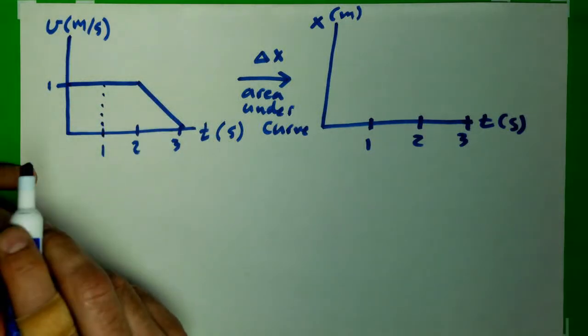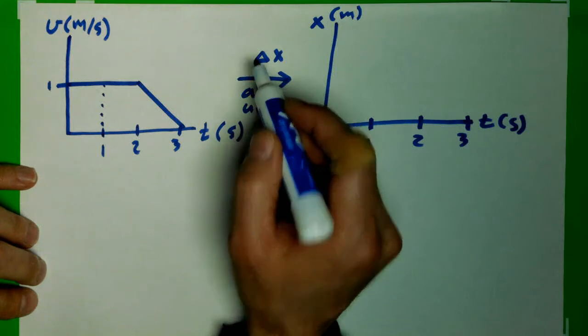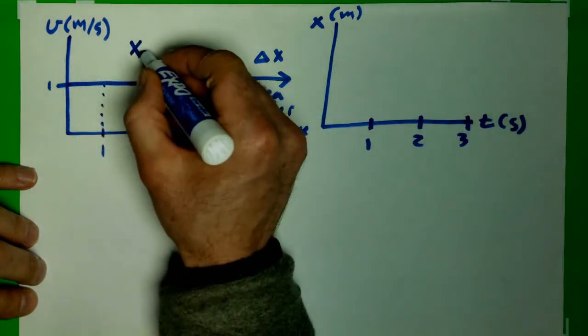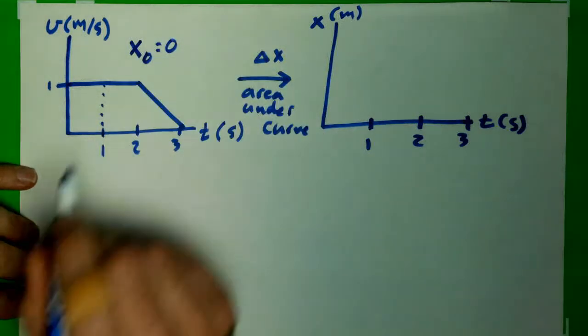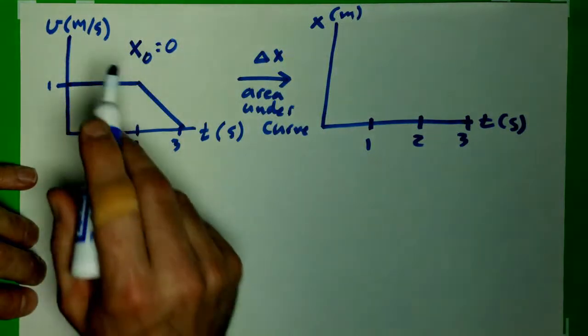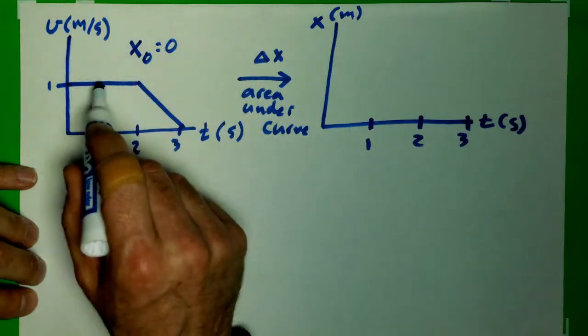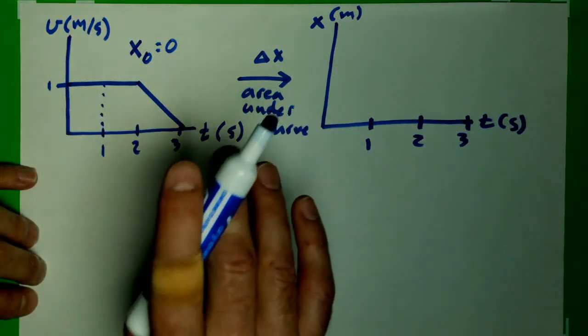Okay, now remember that I can only find delta x. So we're going to go ahead and assume that x at t equals 0 is equal to 0, just to keep things simple. But remember, we always have to think about that, because going from velocity to position, I don't know position, I only know displacement.